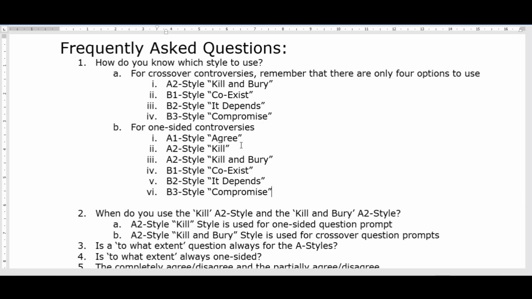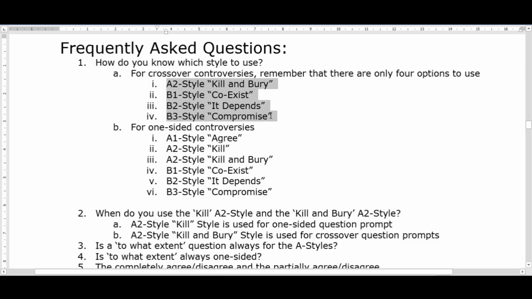So the answer to how do you know which style to use: if it's one-sided, you're really just thinking of 2 styles, but you can try these 4 other styles. But for crossover question prompts, it's really just these 4 styles. There's really no other option.